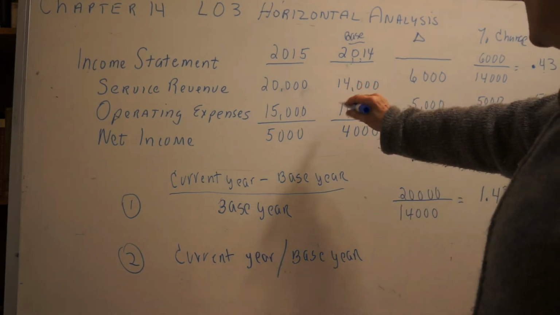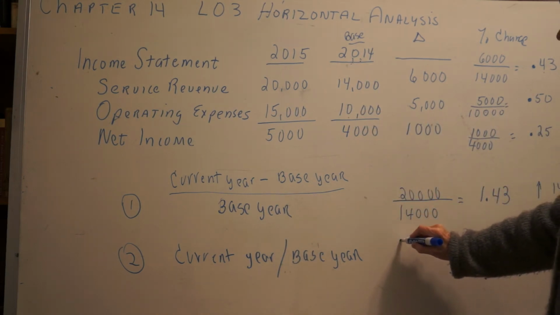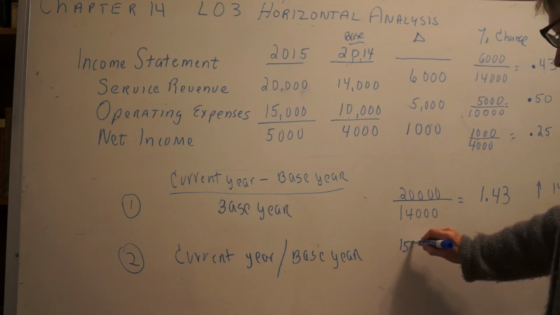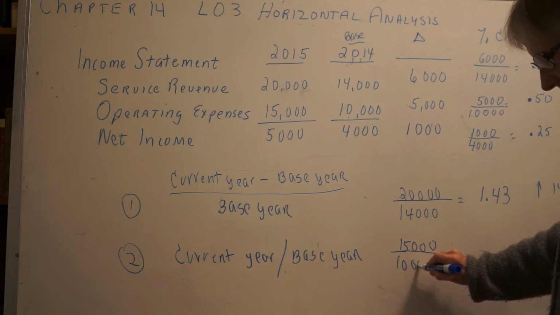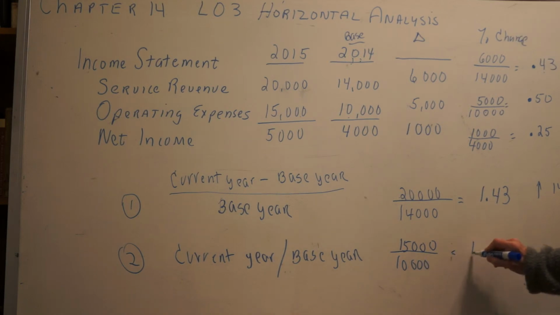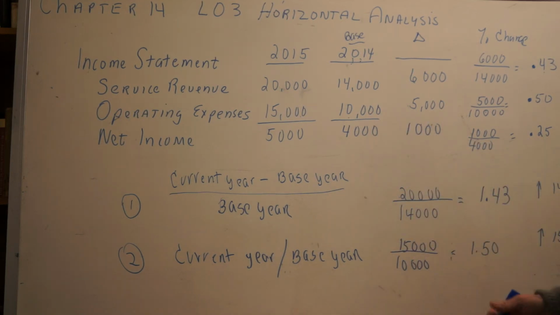You do the same thing for your operating expenses. It would be the current year is 15 divided by the base year is 10. Okay, so that equals 1.5, or it's increased 150% over the base year. And so you can see how that would work for the net income as well.